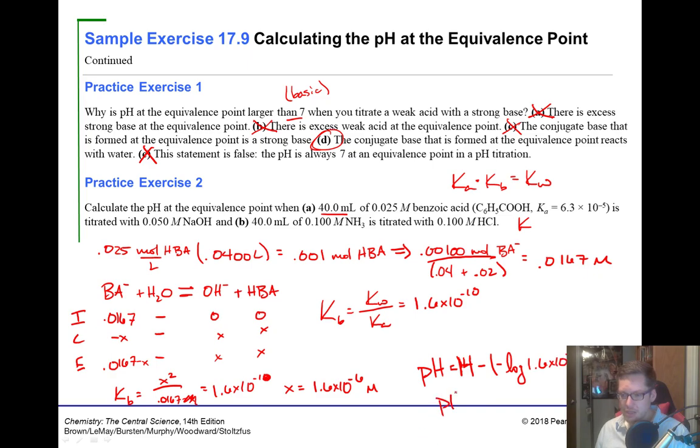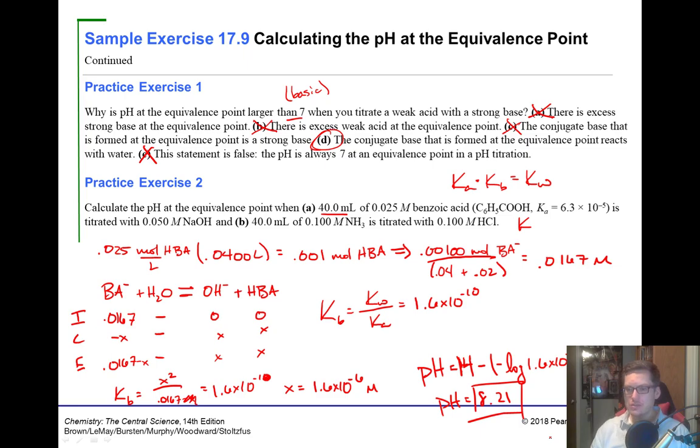So that means our pH here would be equal to 14 minus the negative log of our answer, and we get 8.21. Two sig figs, so we go 2 decimal places past the pH there. So 8.21. So that's how to solve for the pH if you calculated the equivalence point starting with a weak acid and adding a strong base to it.